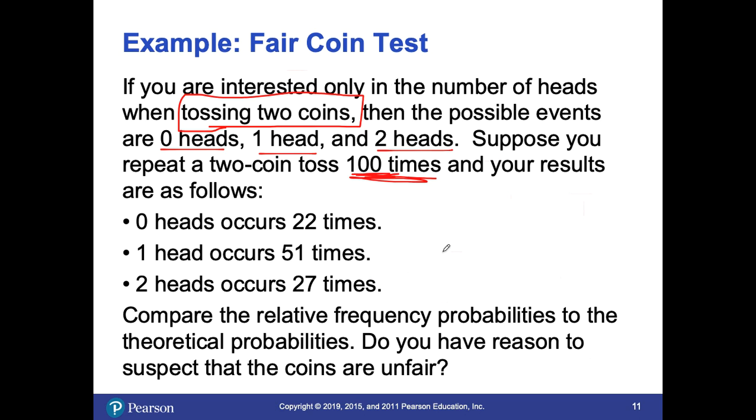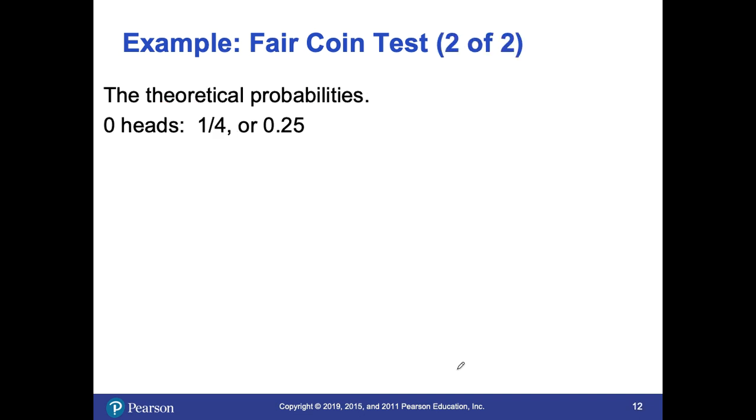So what if you're placing a bet with a friend and you have reason to believe that maybe the coins are unfair? Like maybe your friend passed you a two-headed coin, or a coin that was weighted differently or something, because that could happen. So okay, let's look at the theoretical. If you toss two coins, there's a 1 in 4 chance of you getting no heads.